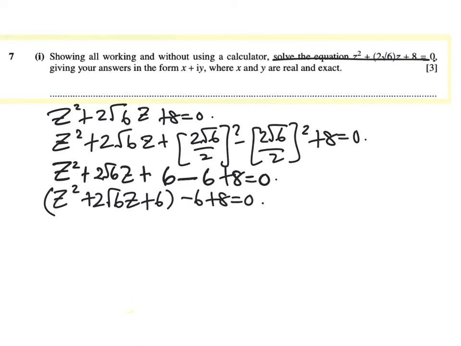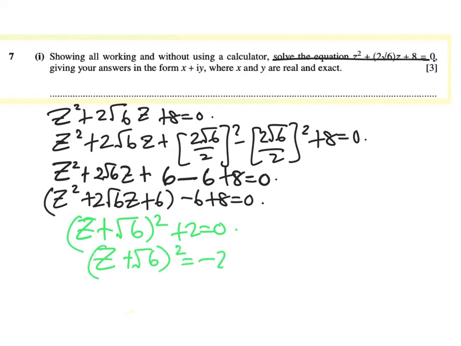So simplify this to (z + √6)² + 2 = 0. So (z + √6)² = −2.